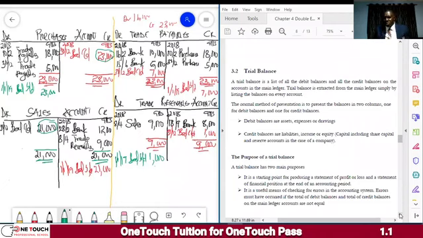But what is the purpose of a trial balance? Why do we prepare a trial balance? Good. Now we are saying that it is a starting point for producing a statement of profit or loss and a statement of financial position at the end of the accounting period. Because in our earlier slide, we mentioned that the balances on the income and expense accounts are used for preparation of what? Profit and loss accounts.